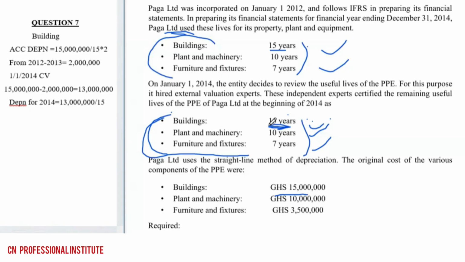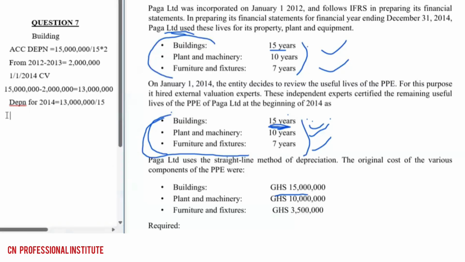We would have deducted the 2 years depreciation that we charged, and that would have been 13, so we use 13 years. If the 15 years here is the revised total life, we would have deducted the previous years for which we charged depreciation. But I said these are remaining, right?